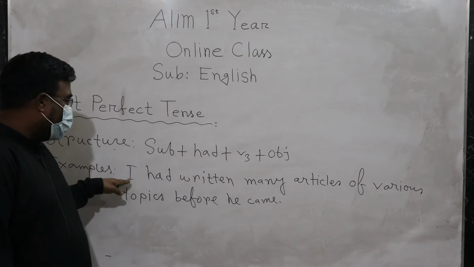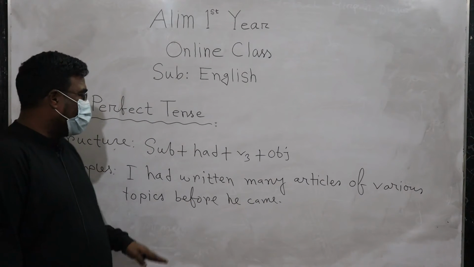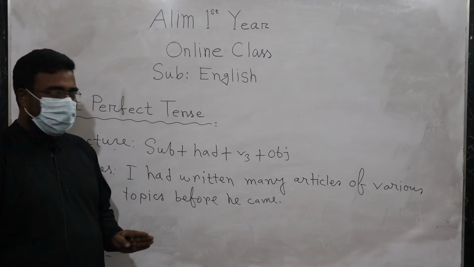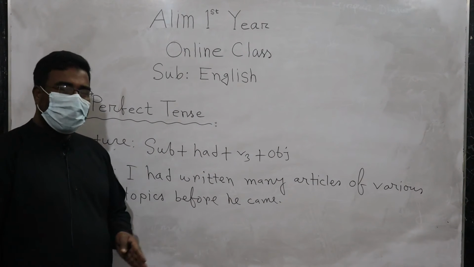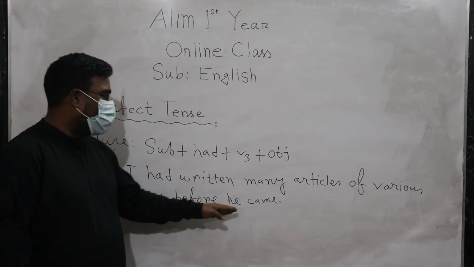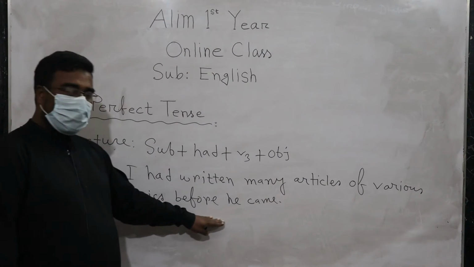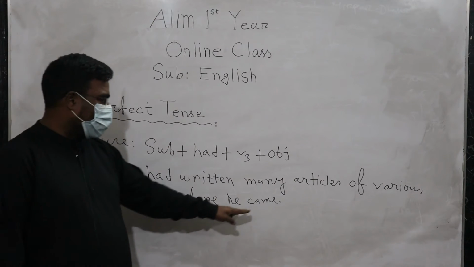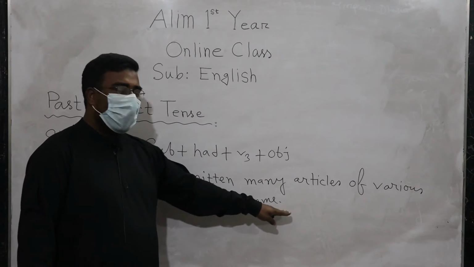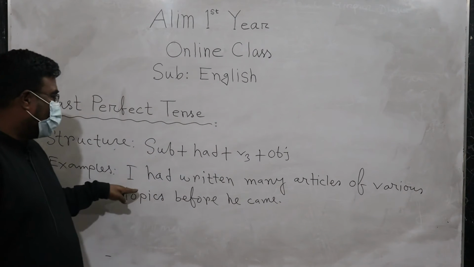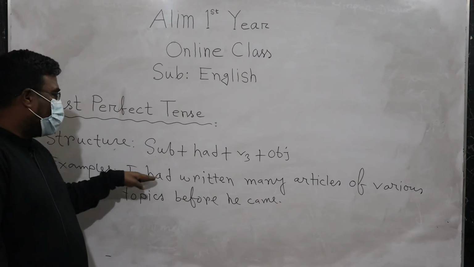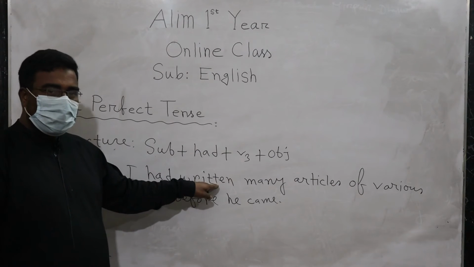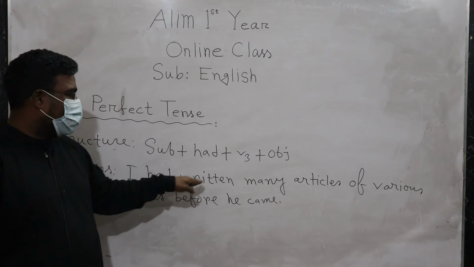So here I had written many articles of various topics is the past perfect tense because it happened earlier. Then before he came, it is past indefinite tense. As we have the structure for the past indefinite tense, subject and verb 2, and we have the sentence according to the structure, subject, had, verb 3, it is past perfect tense.